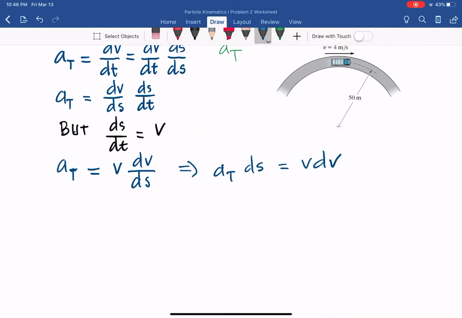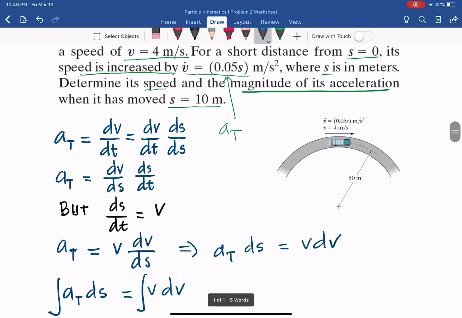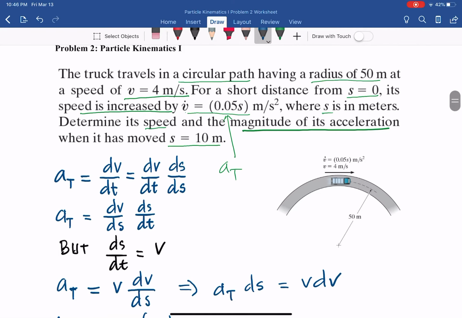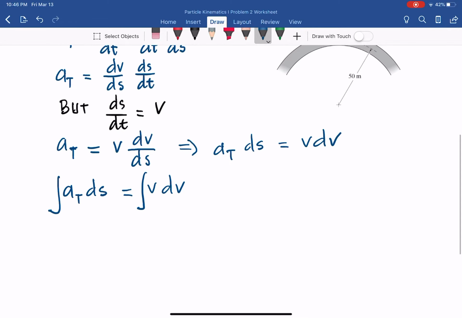So we write a_t ds equal to v dv, and integrate both sides. The initial condition is s equals 0, and the final distance s equal to 10 meter. So as you can see here, we have s1 equals 0, and then the final is 10 meter.